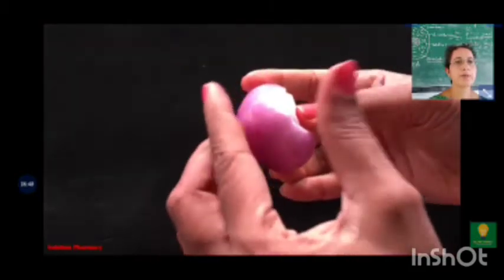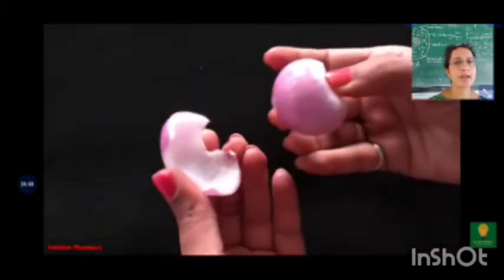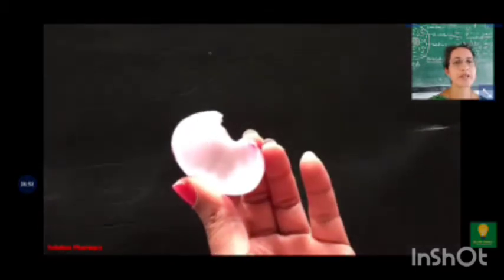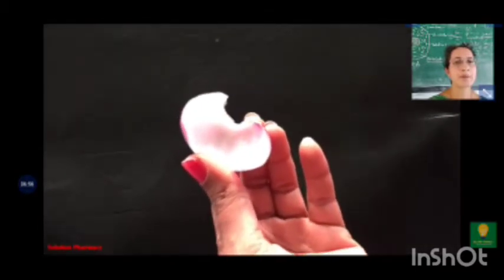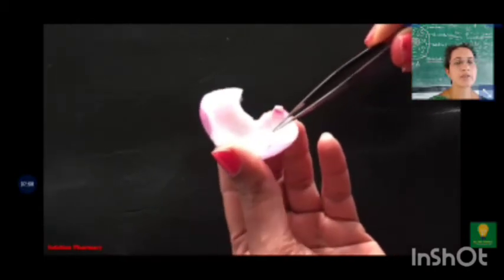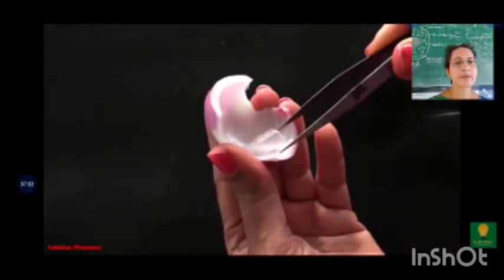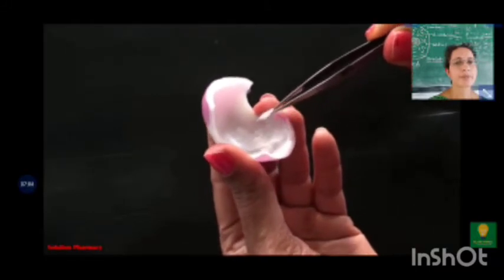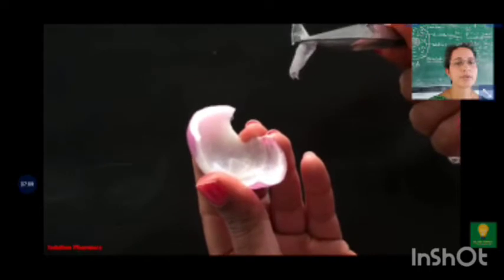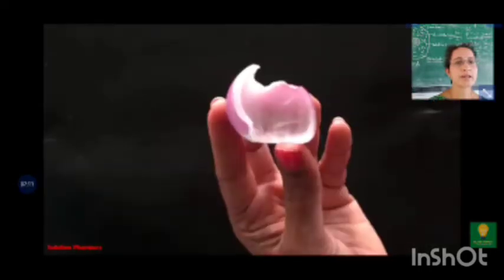Take the onion bulb and remove one of its top layers. You can see a white fleshy layer inside the onion. Carefully remove that white layer with the help of forceps. You can easily remove it from that onion layer.